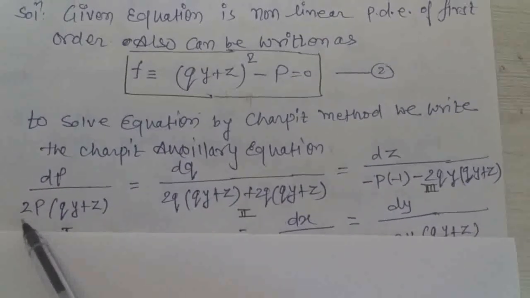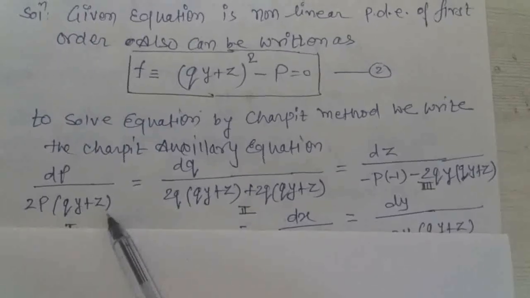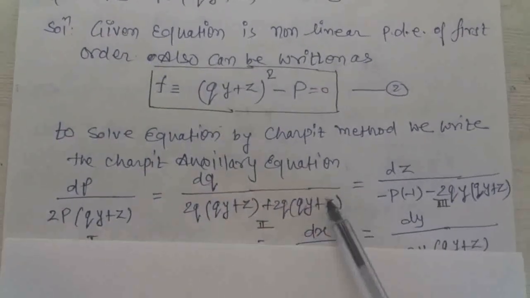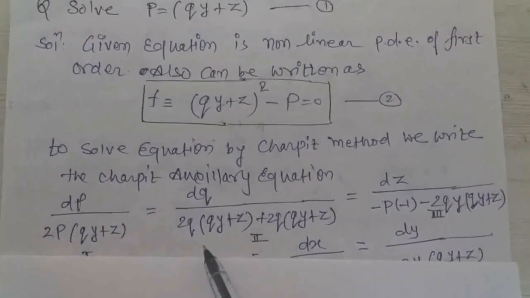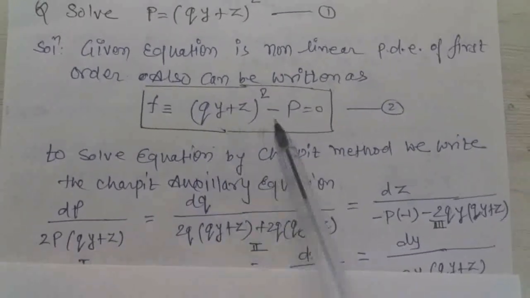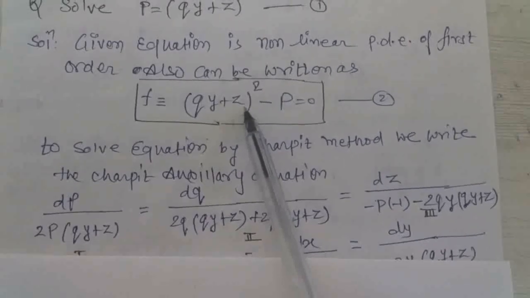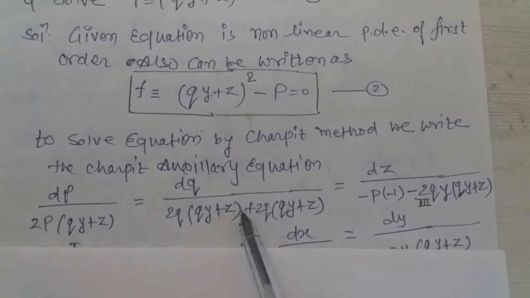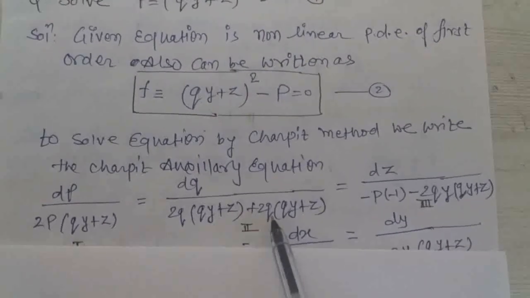So here we have 2p into qy plus z equal to dq upon del f by del y, the partial derivative of f with respect to y. So we get 2 qy plus z multiplied by q, plus q del f by del z.